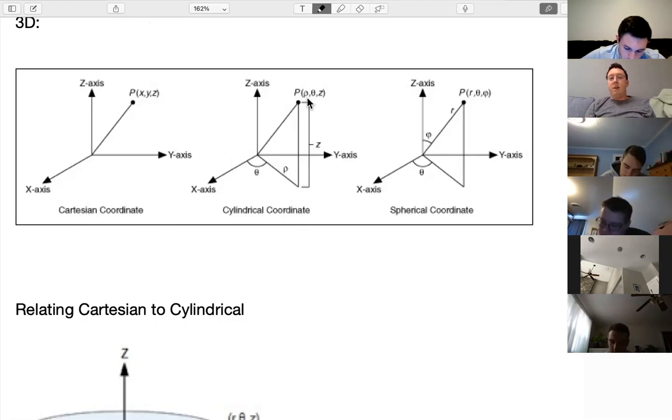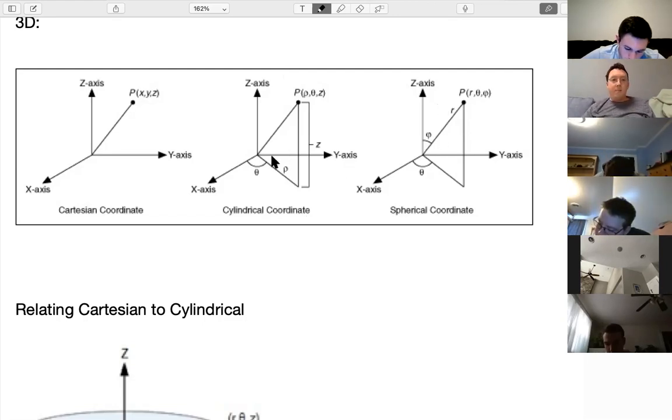So those would be a radius, which is the radius of the cylinder the point would be inscribed on, theta, the polar angle for the cylinder, and z, the height above the xy plane. Those are cylindrical coordinates. We're going to work through the details in a minute, but I just want you to think of that.